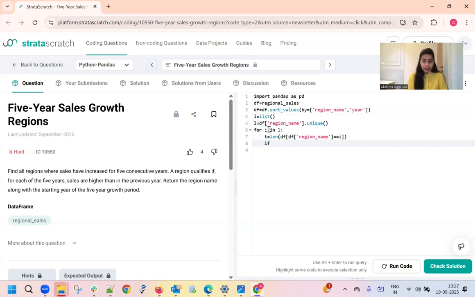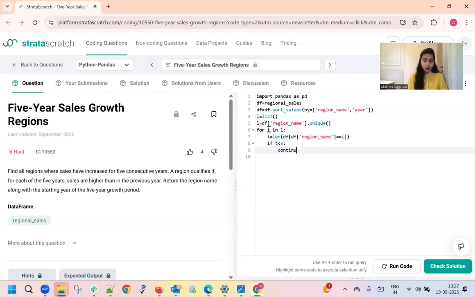Now, if the length is less than 5, then we are going to continue looking for another region.